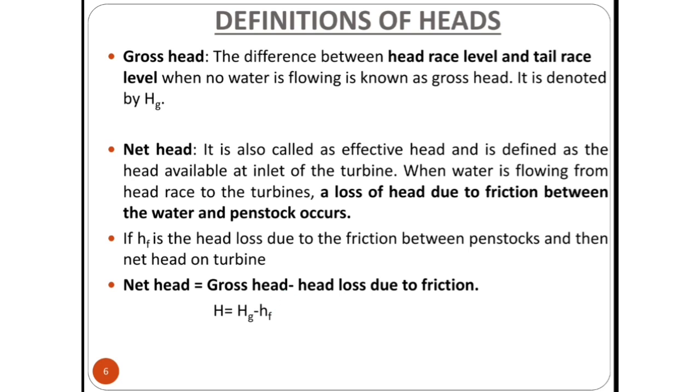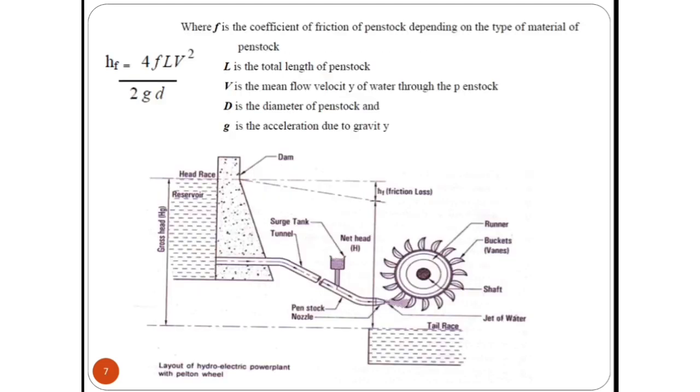Head loss due to friction occurs due to the friction between the water and the penstock when water is flowing through the penstock. You can calculate HF using this formula: 4fLV² / 2gD, where f is the coefficient of friction of the penstock, L is the total length of the penstock, V is the mean velocity through the penstock, D is the diameter of the penstock, and g is the acceleration due to gravity.